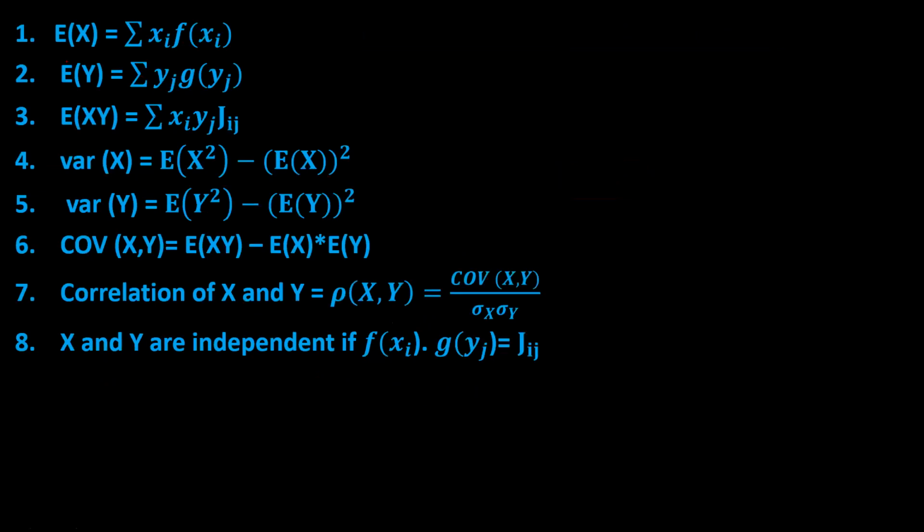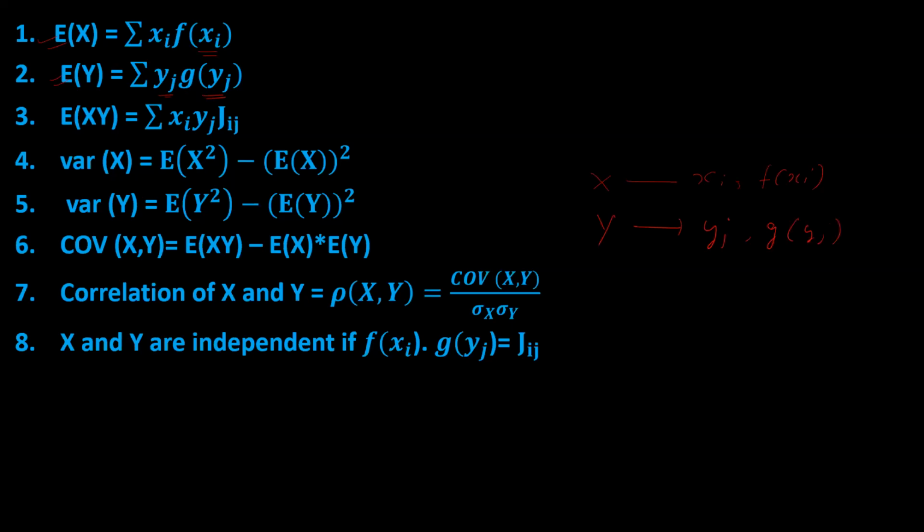Let us quickly see some more formulas which we have already seen earlier, which we are going to use to solve the problem. Expectation of x is the sum of xi into f of xi. Expectation of y is the sum of yj and g of yj. So you have two random variables: x is associated with xi and f of xi, keep that in mind, and random variable y will be associated with yj and g of yj.